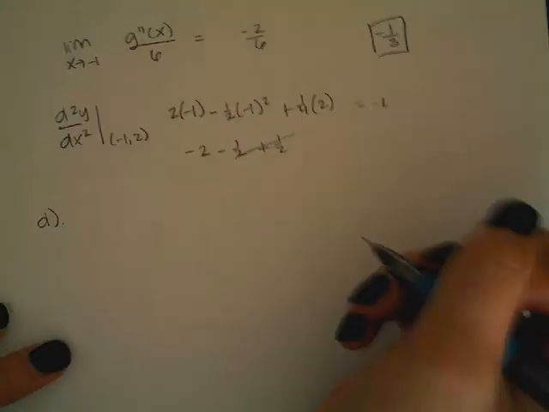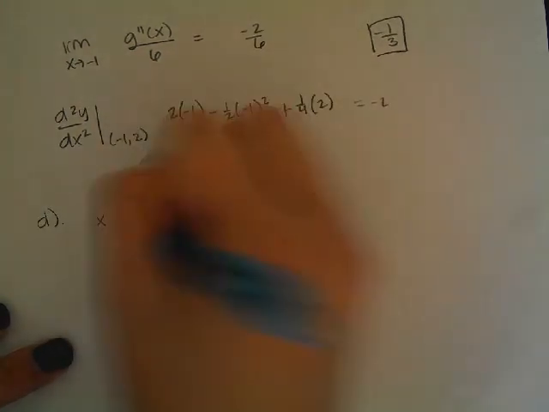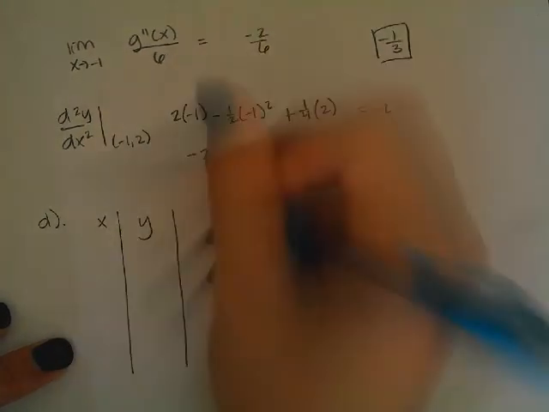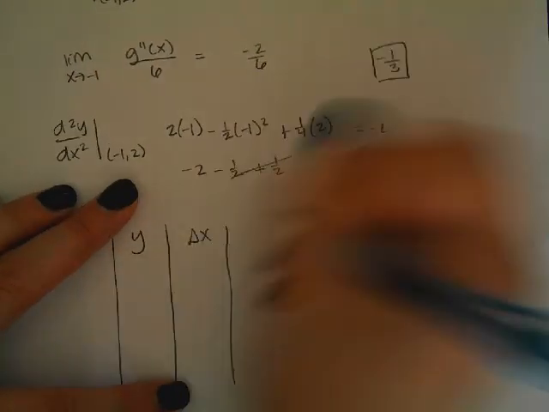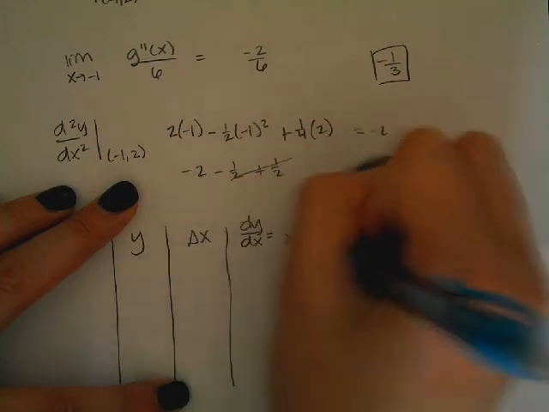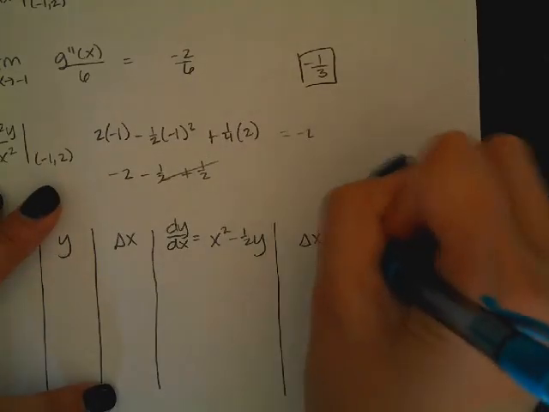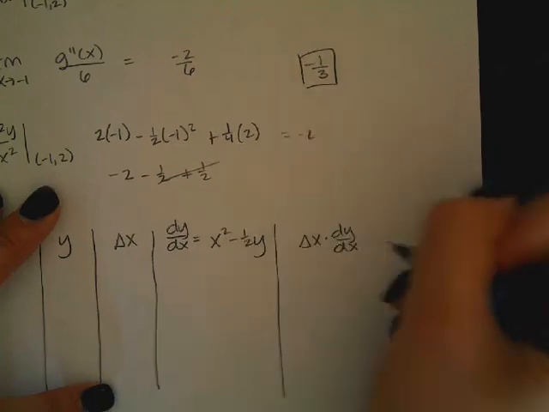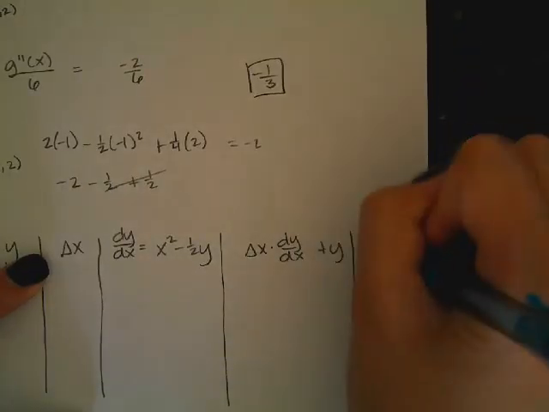All right, so for Euler's method, I have the old x, I have the old y, then I have the change in x, then I have the slope, which is dy/dx = x squared minus 1/2 y. Then I do change in x times the slope plus the old y, and then that gives me the new y.